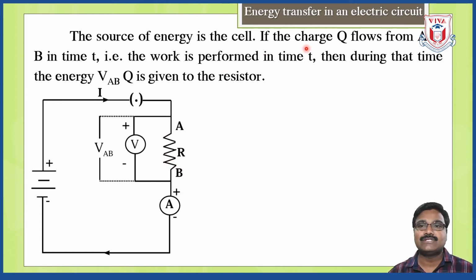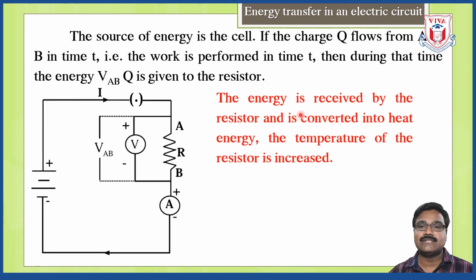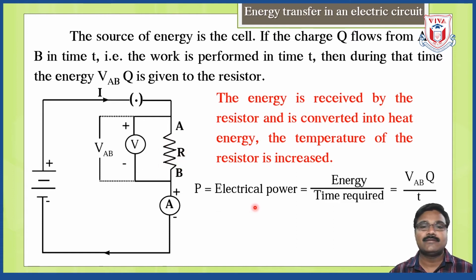Then if charge Q flows from A to B in time t, that is, the work is performed in time t, then during that time the energy will be VAB, where VAB means potential difference between A and B. Then the energy VAB into Q is given to the resistor, and this energy received by the resistor is converted into heat energy, and the temperature of the resistor increases.